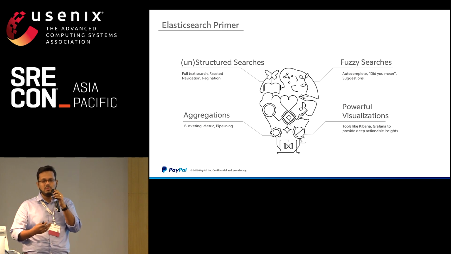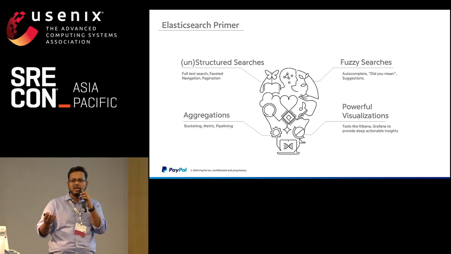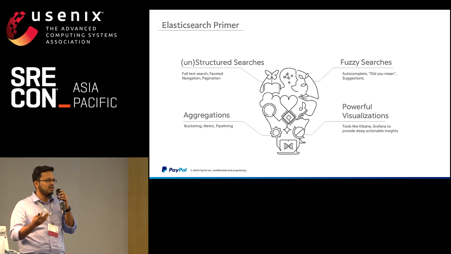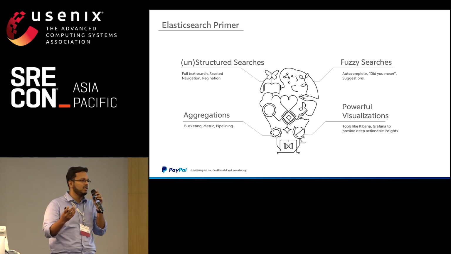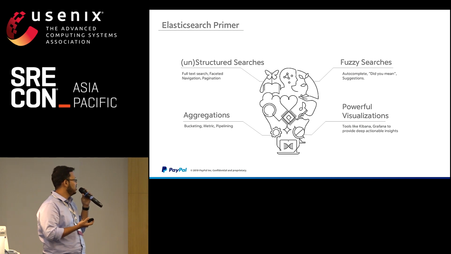So you are on a website and you're trying to search for something. For example, a classic PayPal use case: you're trying to look at your account activity and you have a bunch of transactions done over a period of time. You're searching for a particular user, and you just misspelled the merchant's name or a customer's name. This would actually tell you, did you actually mean this? We see this in multiple other websites as well, so that's something that's a forte for Elasticsearch too.